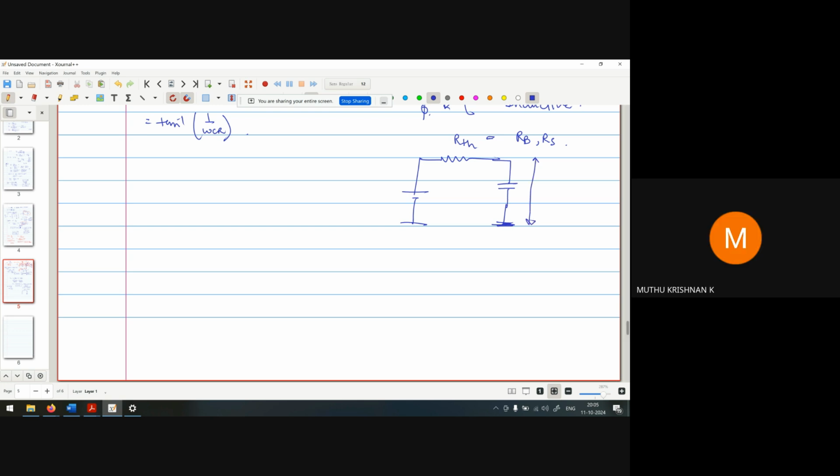When only DC is present, it is Vx. And when AC is available, it is VTH AC component into 1 by CS upon R plus 1 by CS.